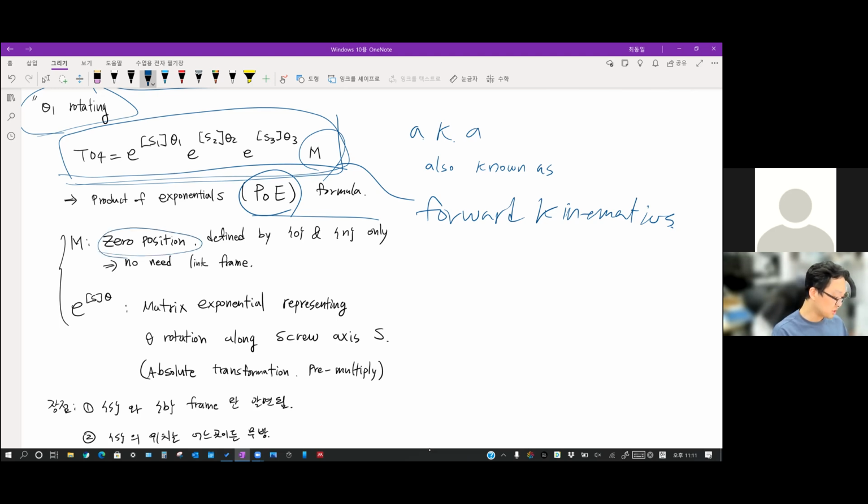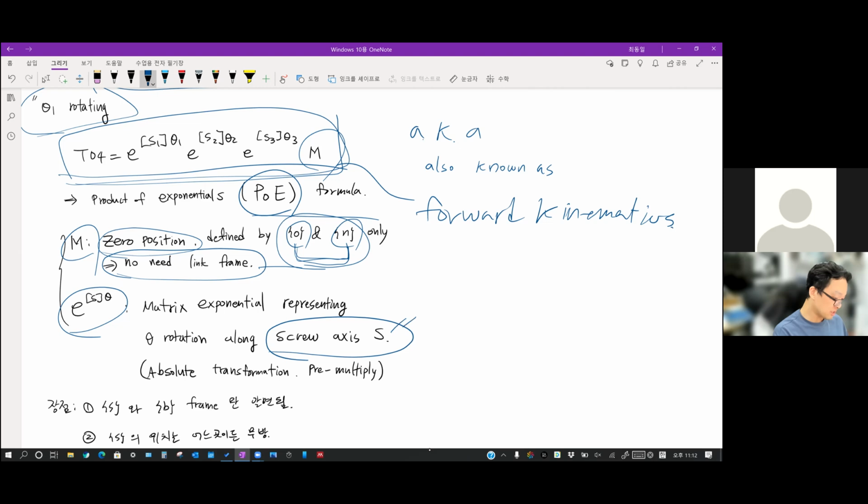It means the initial position. So in here, we don't need link frames. We just need the zero frame and the end-effector frame. Only using this information, we can make this M matrix. And when we make this matrix exponential representation, we only need the screw axis. The screw axis only contains omega and V. So it is very simple.